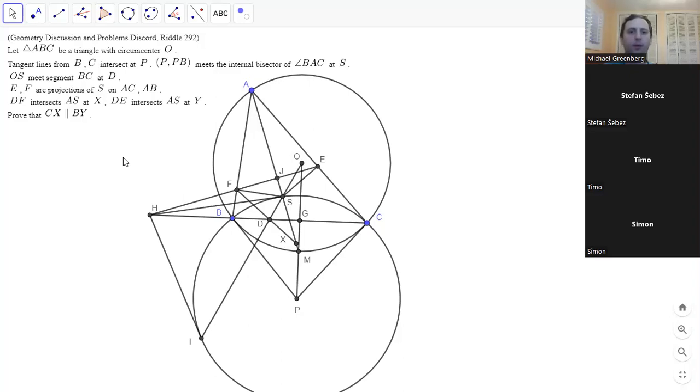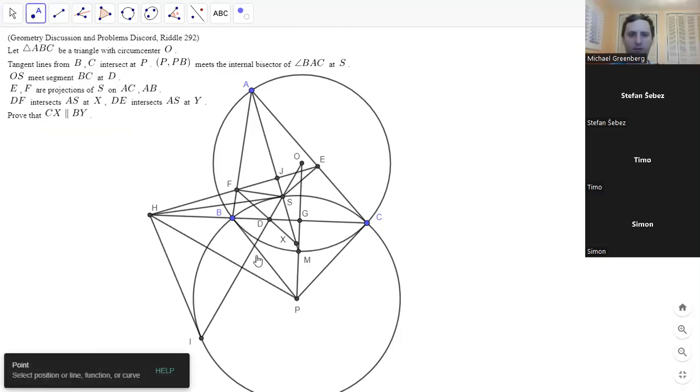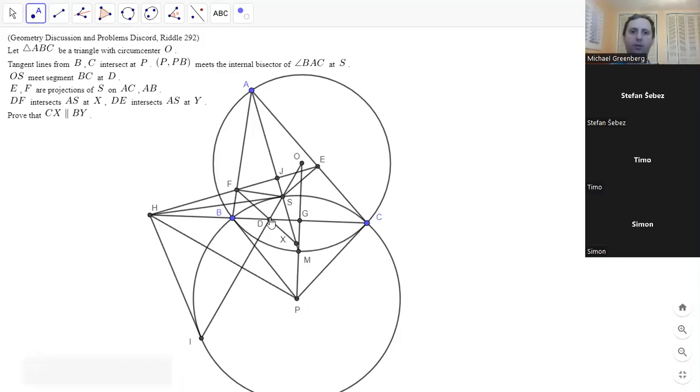So we have to use something about how S is defined. D is the orthocenter of HOP. Oh, really? So we know HD is perpendicular to OP. If we define H as the point where HS is tangent, it's not too hard to show D is the orthocenter of HOP, right?